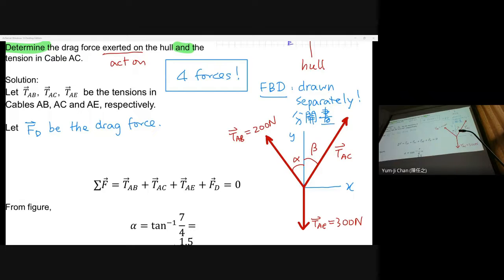So we don't know the magnitude of FD because we need to determine FD. Do we know the direction of FD? Because the water is flowing from the left to the right, the water flows this way. So actually the drag force is going to the right. Okay.